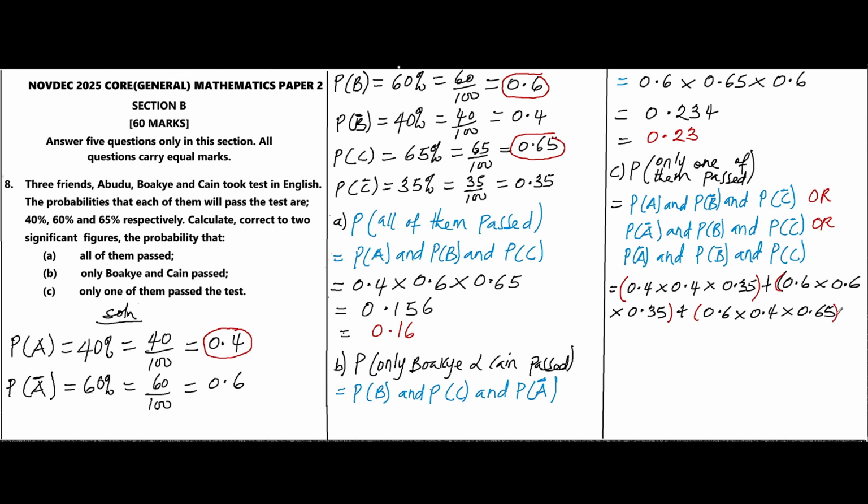So we are almost done. Let's compute each of the brackets. The first bracket, we are computing 0.4 multiplying 0.4 multiplying 0.35.